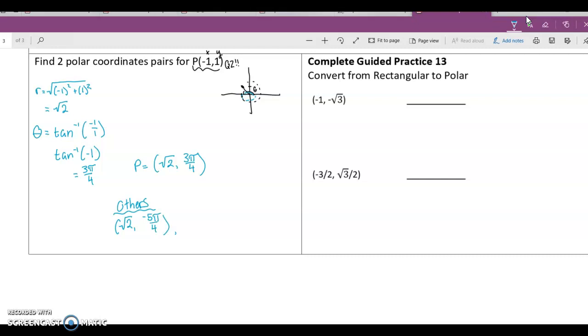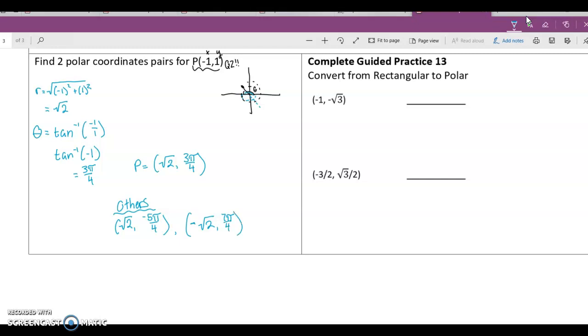And then remember, we can also do this with a negative radius. So if we did a negative radius, then our angle measurement would have to be 3 pi over 4 plus pi, so 7 pi over 4. So we would have negative square root of 2, 7 pi over 4.